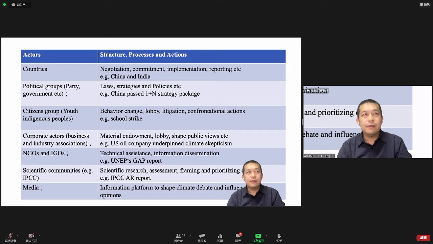And second, an actor which is very important is the political group, including the political parties, the government, and also some political groups within different political systems.